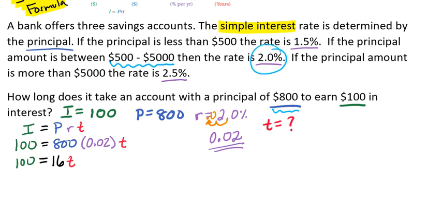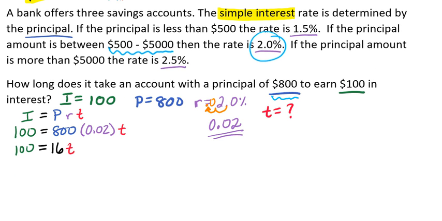So to finish solving this, let's move that up, we're going to go ahead and solve for T. So we're going to do that by dividing both sides by 16, because that will cancel out those 16s.